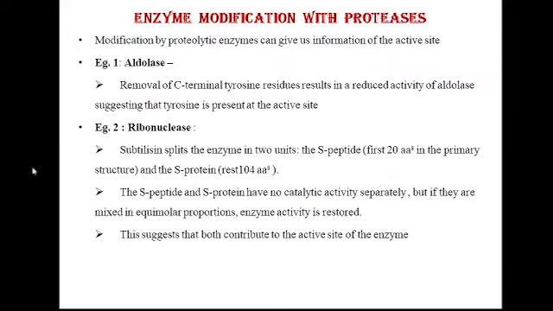This protease splits ribonuclease into two units. The first unit is called the S-peptide, which consists of the first 20 amino acids in the primary structure. And the second unit that is cleaved is called the S-protein, which consists of the remaining 104 amino acids of the enzyme.